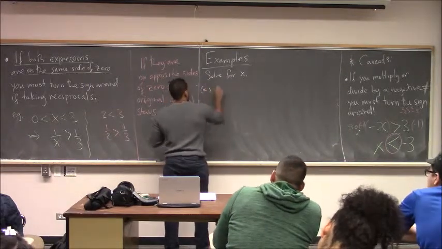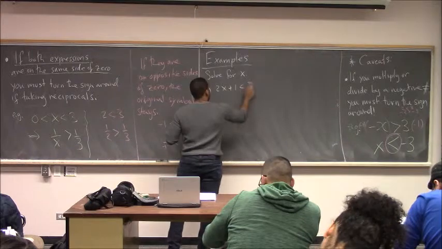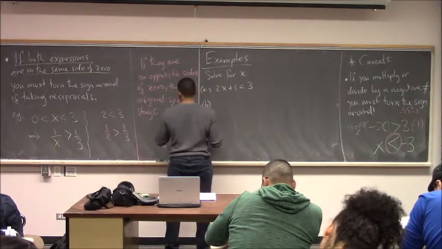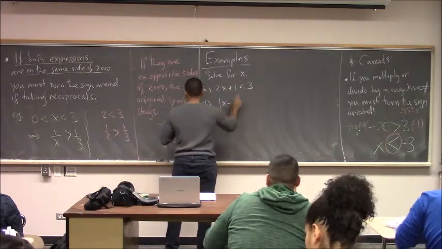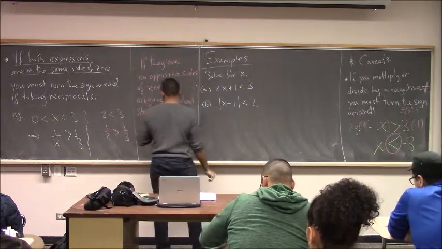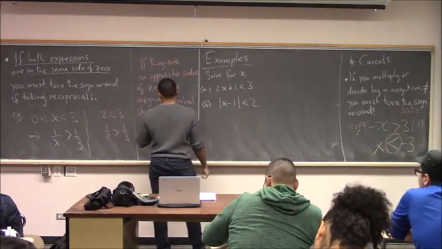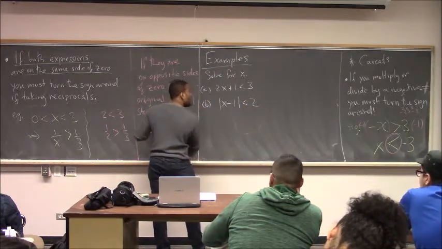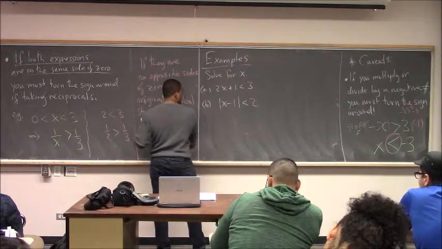A, 2x plus 1 is less than 3. B. Do I want to deal with this one last?